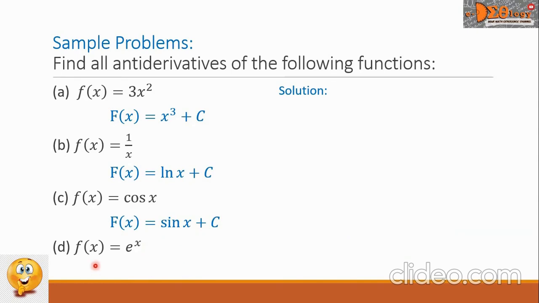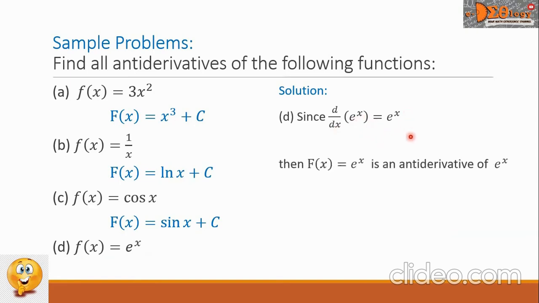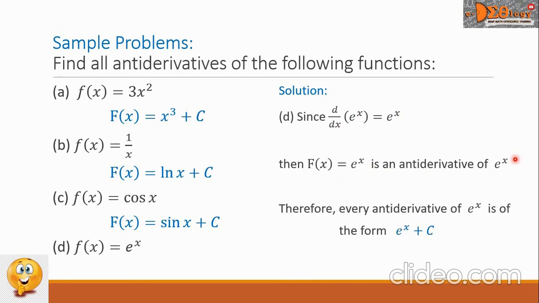Function 4, f of x equals e raised to x. We know that the derivative of e raised to x is equal to e raised to x. Then, the capital F of x is equal to e raised to x is an antiderivative of e raised to x.